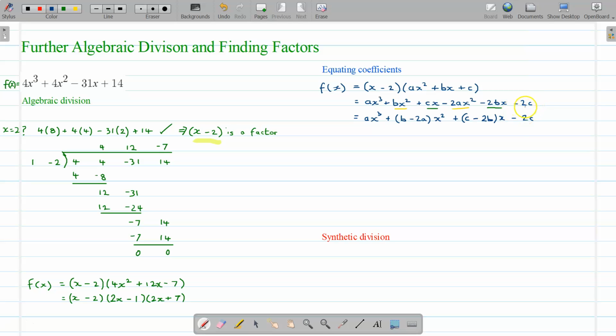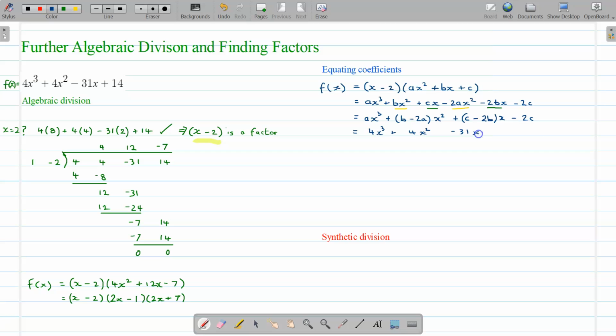Now what I'm going to do is equate coefficients, because what I know for sure is that if I compare those four terms there with the four terms in the original, they must equal 4x cubed plus 4x squared, plus minus 31x.